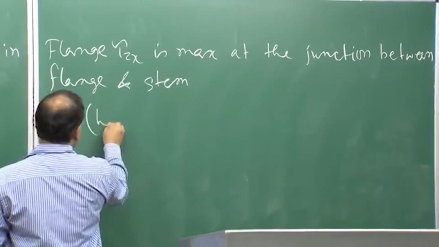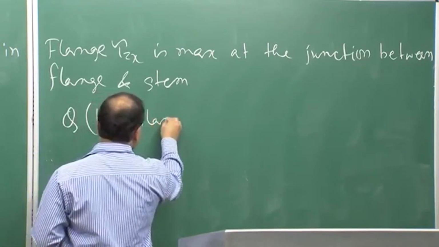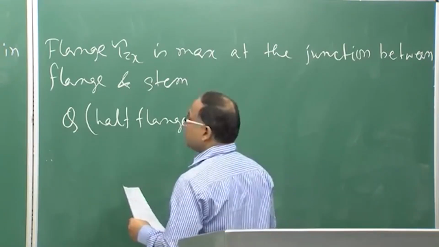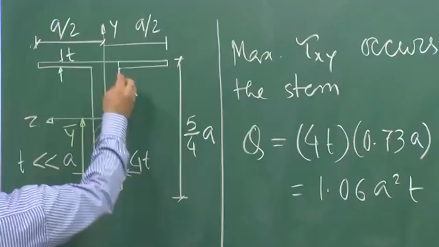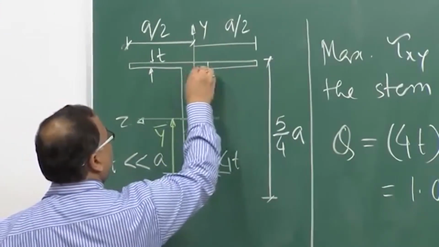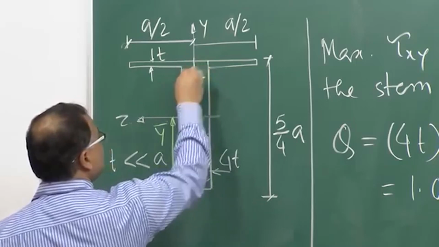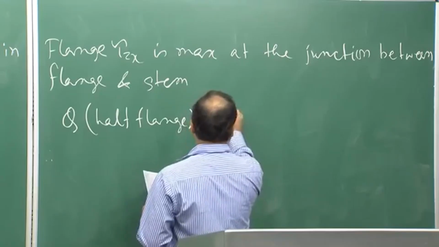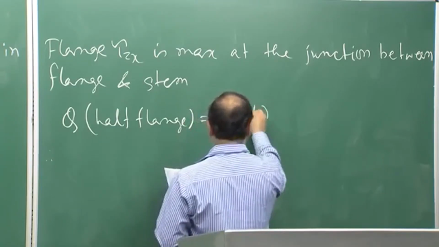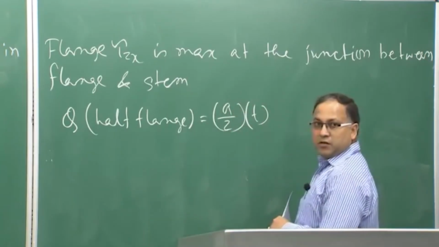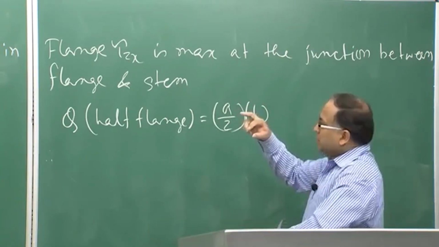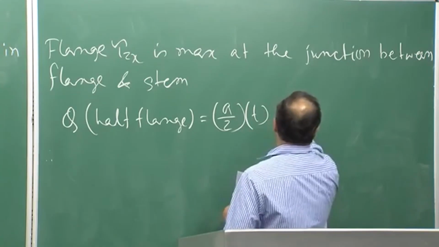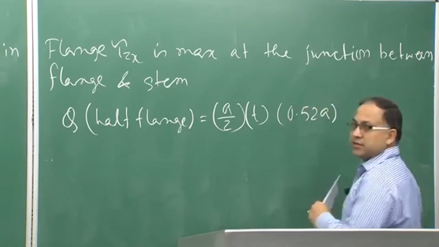So, Q for half flange is equal to, that is the first moment of area, because we are considering the whole part here, where it is maximum. So, A by 2 into T, that is the area, and the moment of this area with respect to z axis, that distance is 0.52a from the z axis.